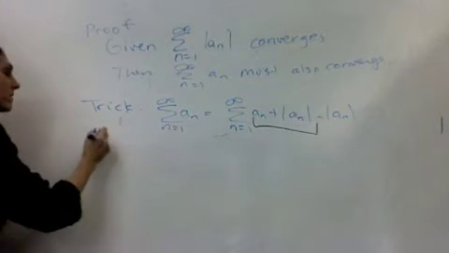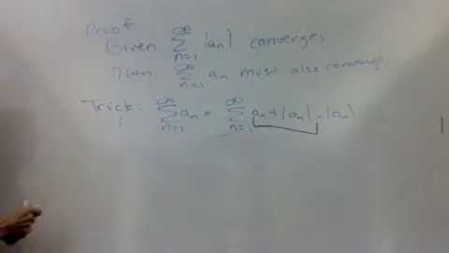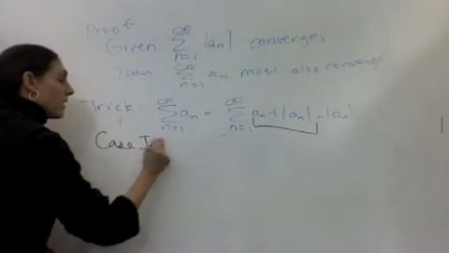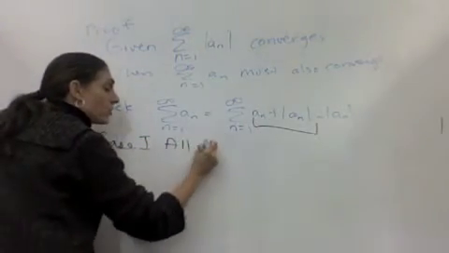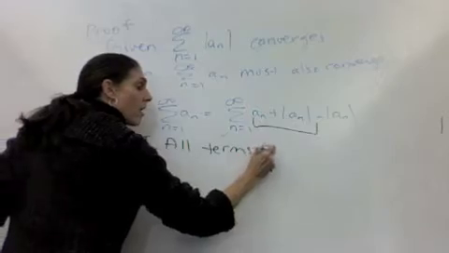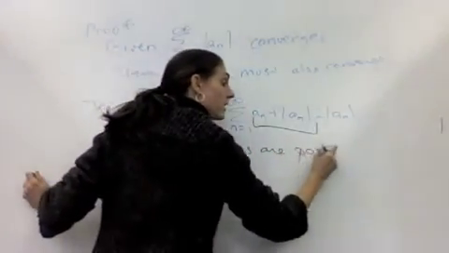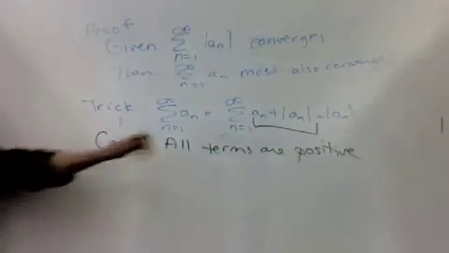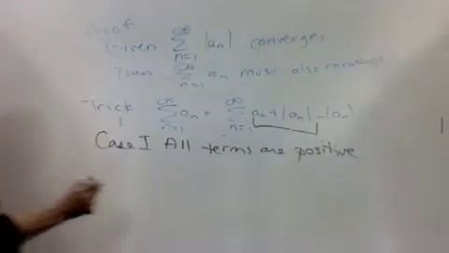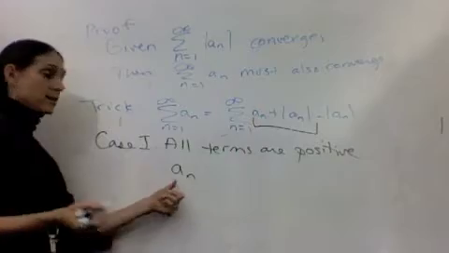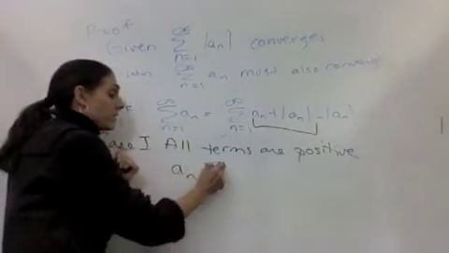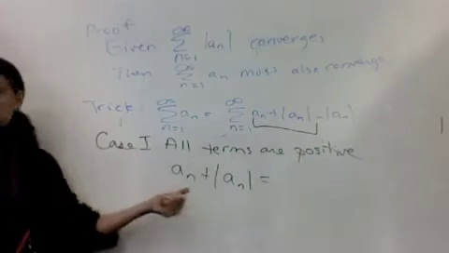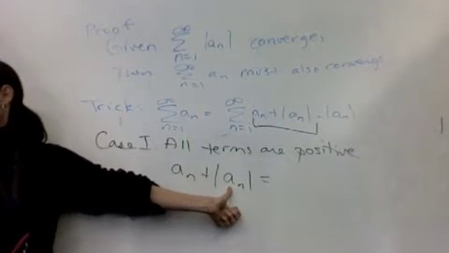So let's think about case 1. What happens if all the terms are positive? Let's just pretend there are no negative terms. All the terms are positive. So what happens with these two things? Well, I get a sub n plus the absolute value of a sub n. And that's just going to equal 2 of them, because this is obviously all positive.